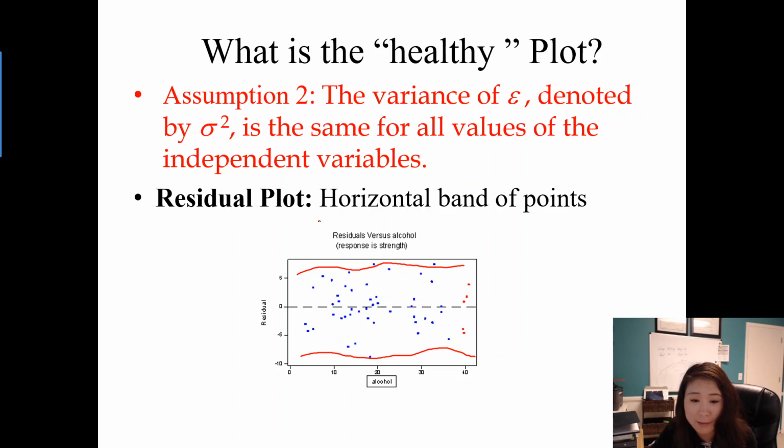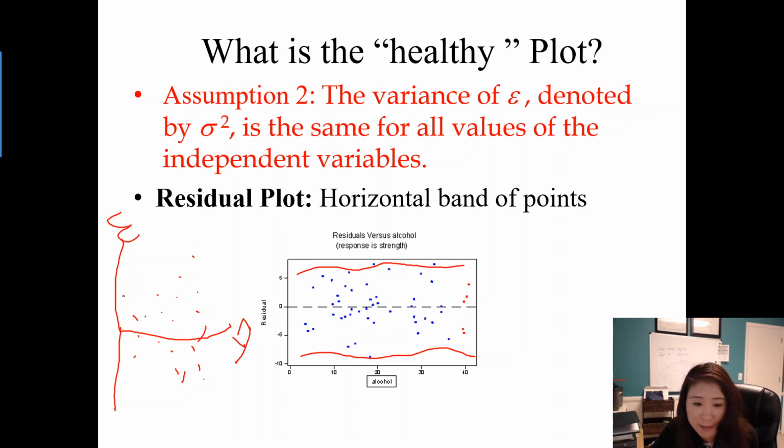So the pattern you're looking for is a horizontal band. In some real world situations, you might see a residual plot like this. This is the residual, and this is your estimated y value, y hat.